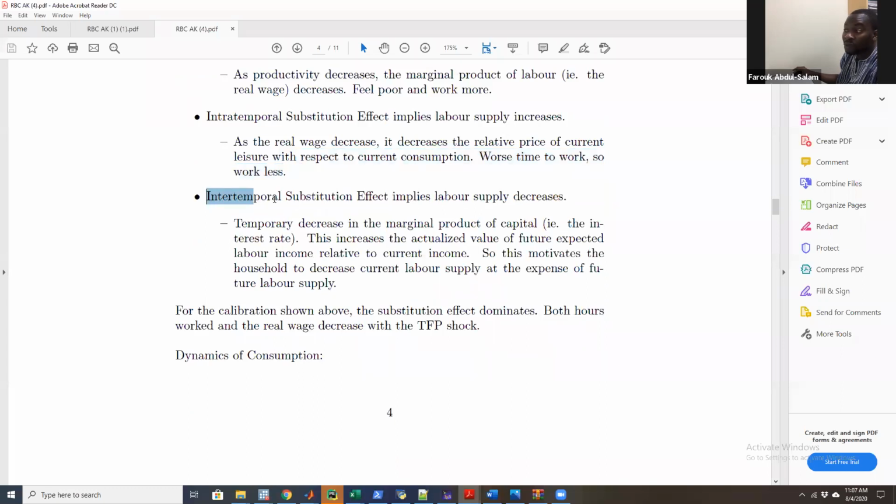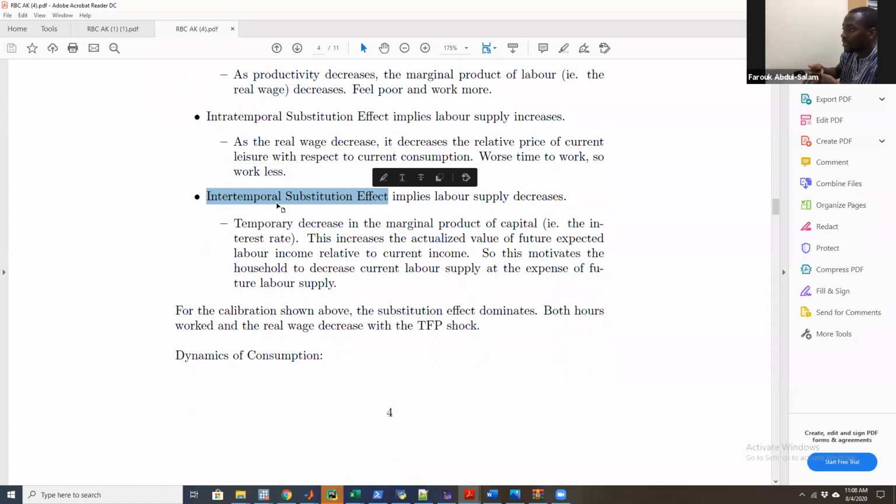And lastly, there's going to be an additional effect, which is the intertemporal substitution effect, because you are going to make a decision as to whether to work today or to work tomorrow. You find yourself in a situation where the wage rate today is very low. You expect the wage rate tomorrow to increase.